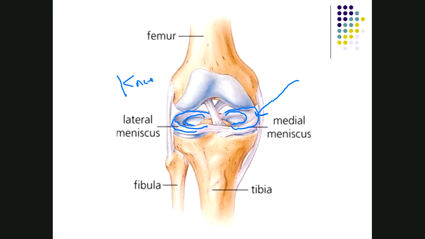If you jump up and down, if you run, your weight, whatever it is, 200 pounds, 100 pounds, whatever it is, plus acceleration is banging this bone into this bone. And if those menisci weren't in there, these bones would collide and you'd get a lot of damage. So they're in there to absorb shock and protect the bones at the joint.